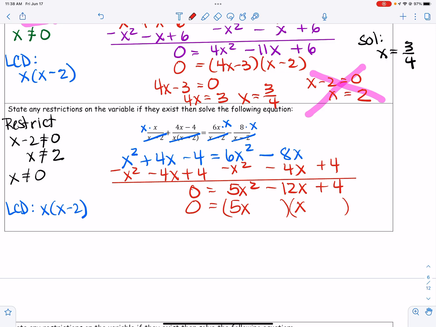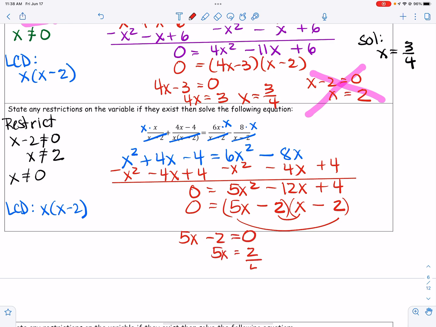And if I put, let's see, I think if I do 2 times 2, that gives me 10. That gives me 2. That's going to make negative 12. So I want them both to be negative. And so then I'm going to take 5x minus 2 and set it equal to 0.